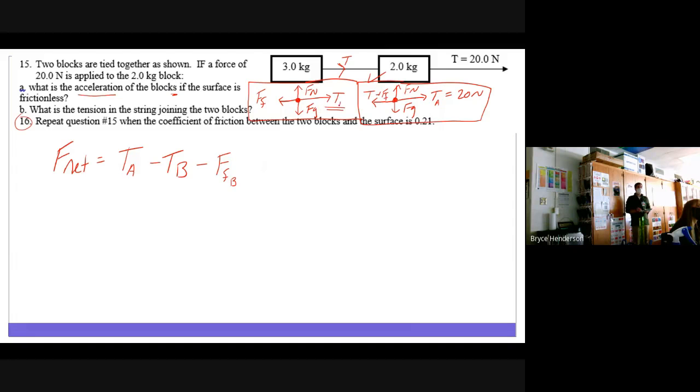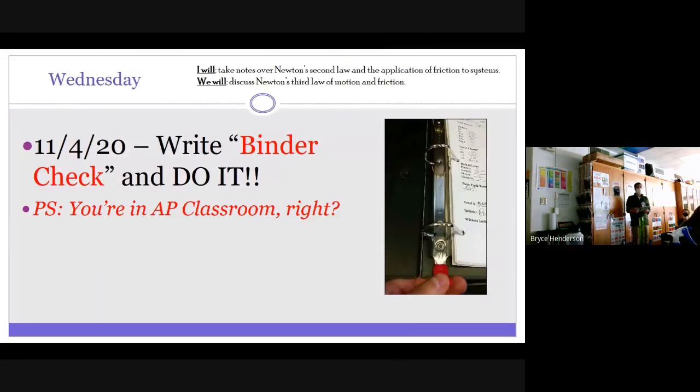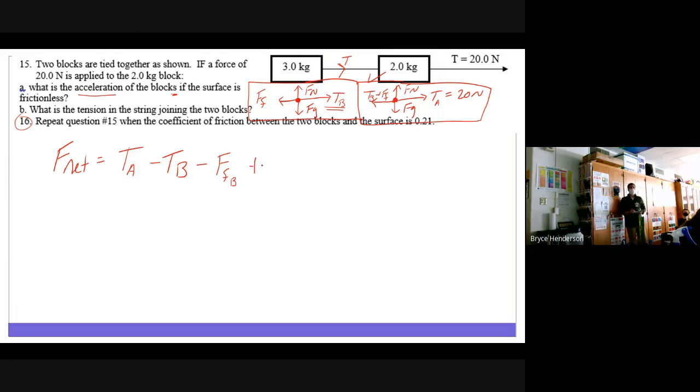So this is tension B. I would have plus tension B, minus friction force on block A. Again, this is A, this is B. So that looks like a lot, and that's equal to the total mass times the acceleration.